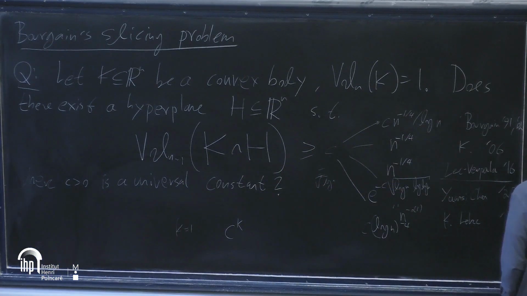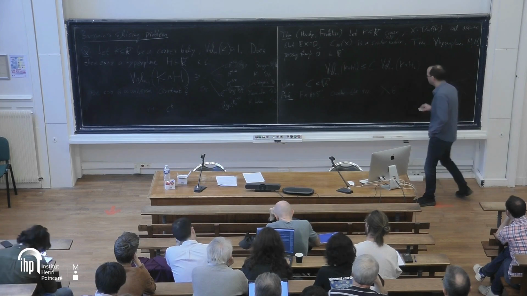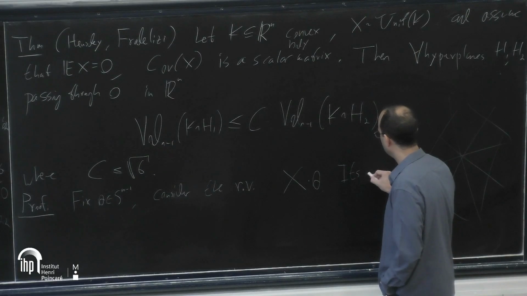Okay, so let me prove this theorem. Let's fix some unit vector theta, and let's look at the random variable X times theta. So what is its density?